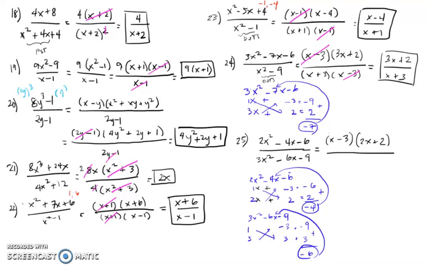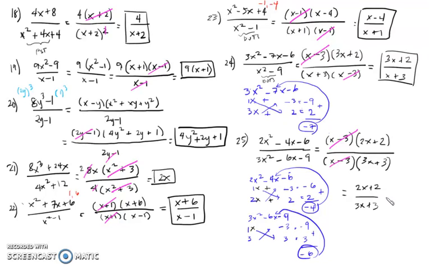So the factors of my denominator are x minus 3. Just put x here and then copy the sign, and 3x plus 3. Again, you can see we can cancel x minus 3. So that gives us 2x plus 2 all over 3x plus 3.